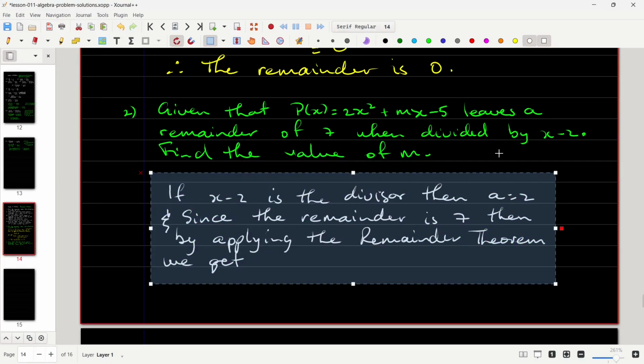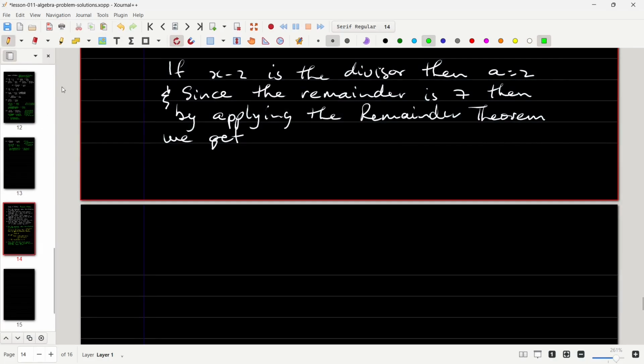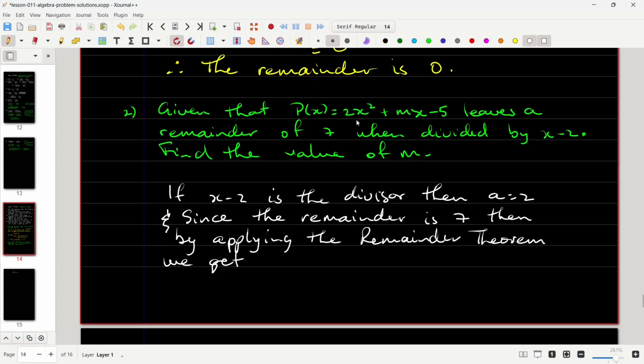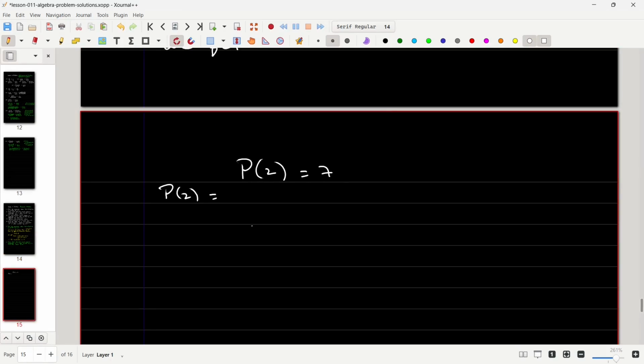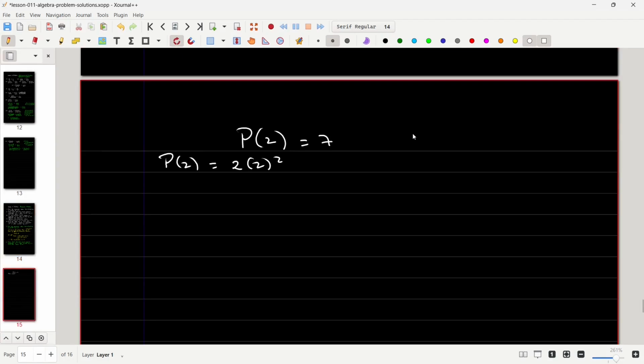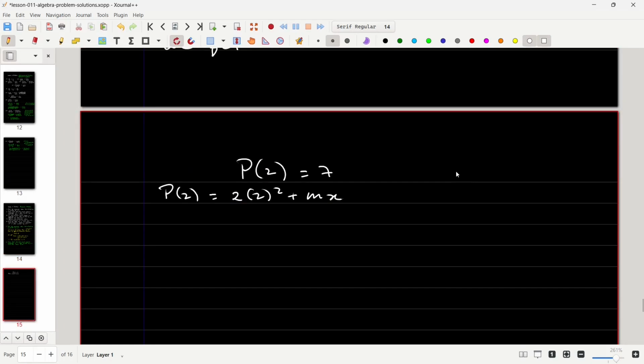All right, so if that's the case, then we will get something like, P evaluated at 2 would be equal to 7, right? So P of 2 would be equivalent to what? So that is 2 into 2 squared, plus mx, and then minus 5.